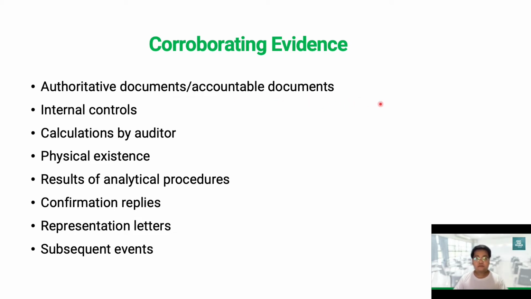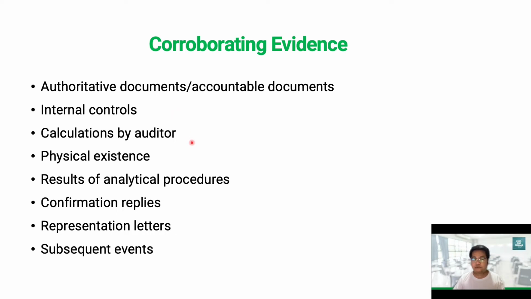Those are examples of accountable documents. The results of our study and evaluation of the client's internal control structure can also support the reliability, for example, of certain evidence, like internal evidence or those documents produced by the entity internally.